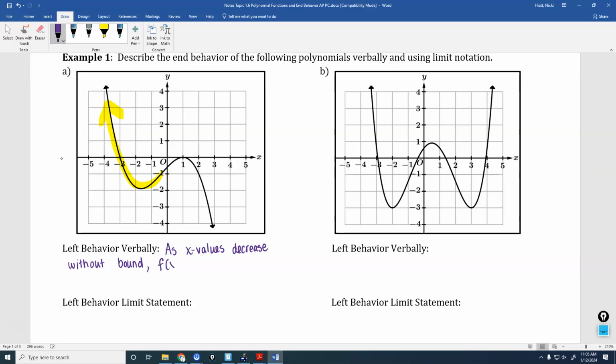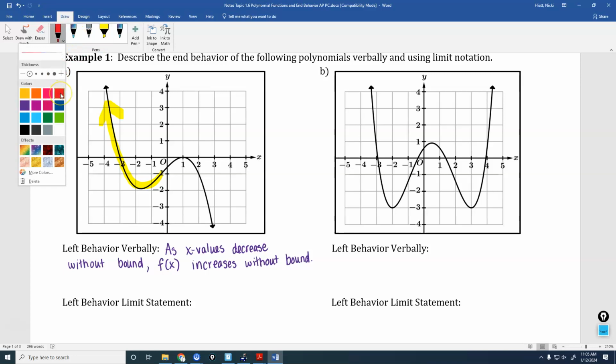f of x. Now, f of x refers to our y values. What is happening to our y values as we go to the left side of this graph? They're going up. And are they stopping anywhere? No. So f of x increases without bound. Now, at least for this one, let me write what we would have written in Math 3 for that.